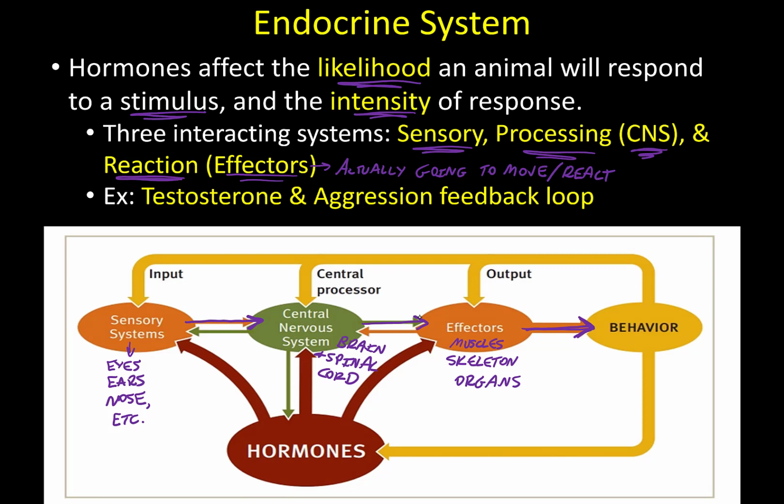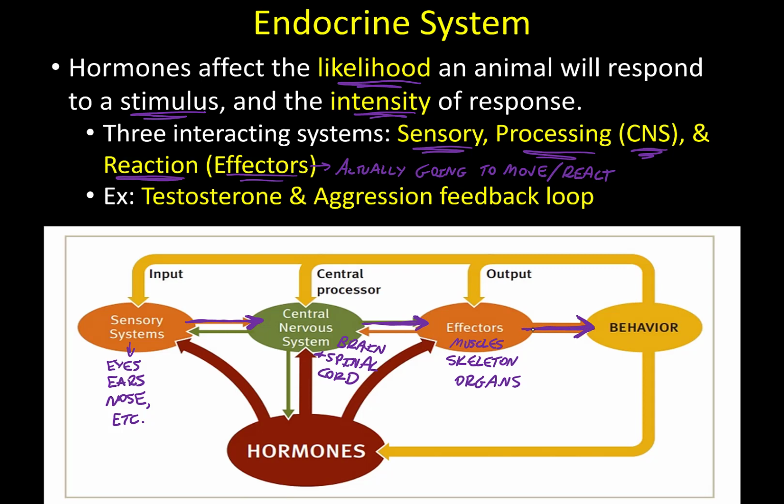Now, these three systems all interact with each other. They are not necessarily just going to participate in a linear flow of information like what I just drew. Sensory systems can send information straight to the brain, and the brain will then make a decision that it definitely wants to react based on that information, and a behavior will then manifest. Okay?